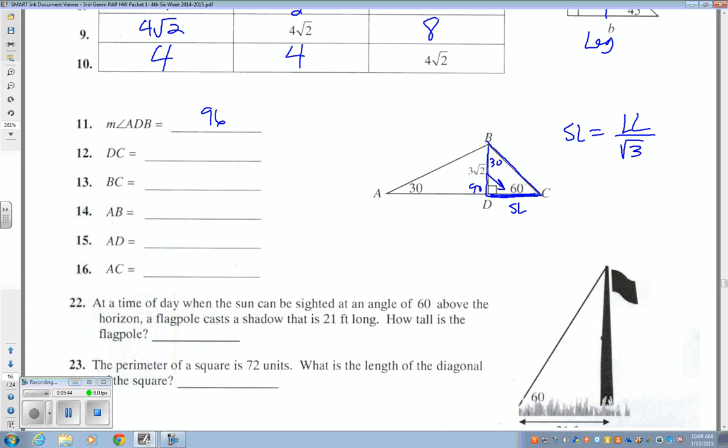So I'm going to say 3 square root of 2 divided by the square root of 3. Can I leave that as my answer? No. So what do we do now? Rationalize it, multiply by the square root of 3 over 3. I need you to simplify this answer because it's going to cancel out. This would give me 3 square root of 6 over 3. The 3's cancel out. DC is the square root of 6.